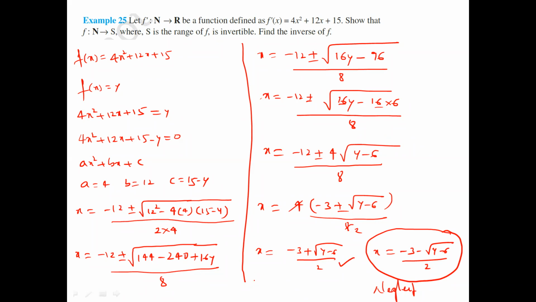This x value you can write as g of y equal to minus 3 plus root of y minus 6, divided by 2. So this is the g of y value.